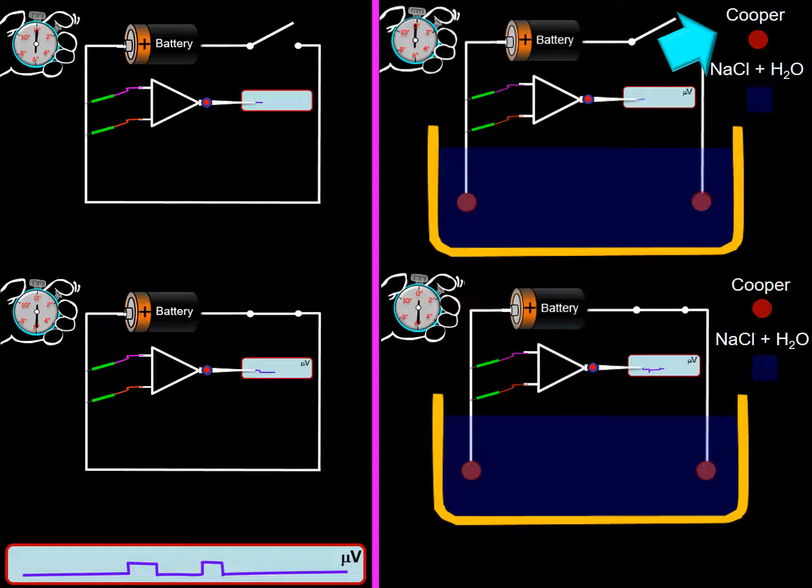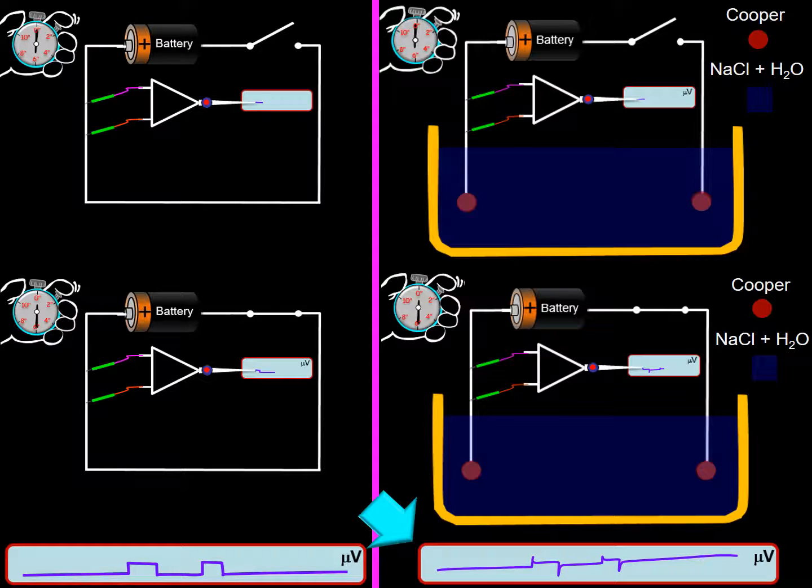The rest is kept the same. As you can see, when you compare the recording using copper electrodes to the purely electrical circuit, there is a significant difference between the two.